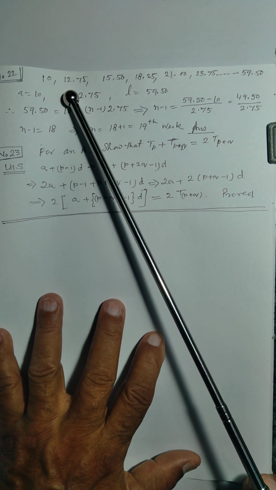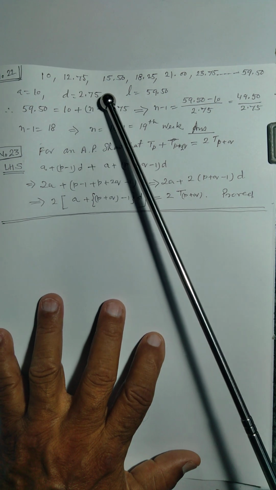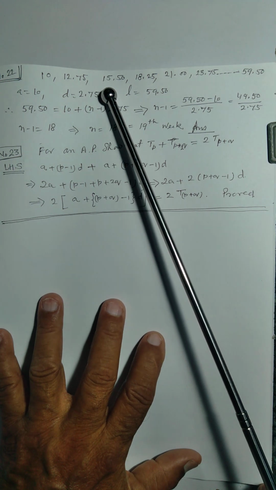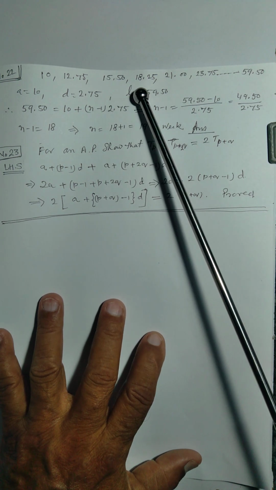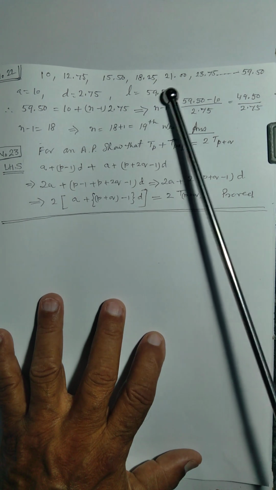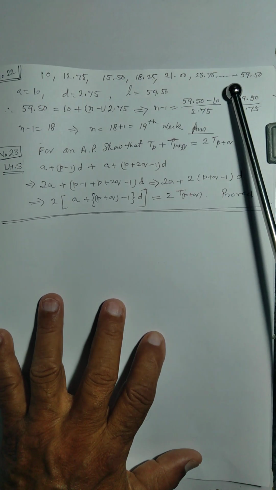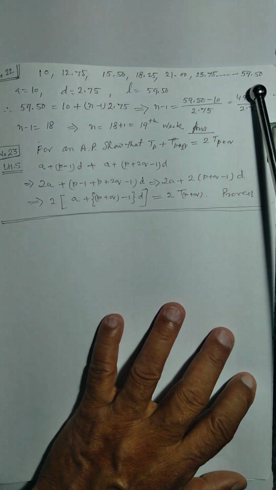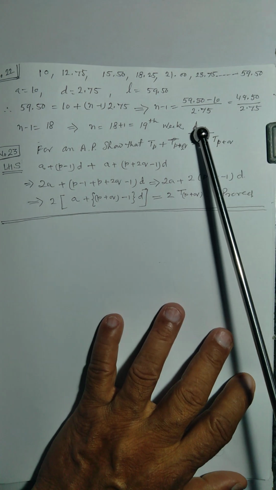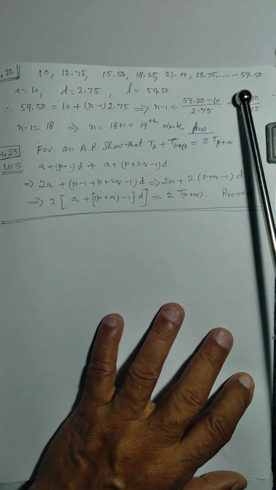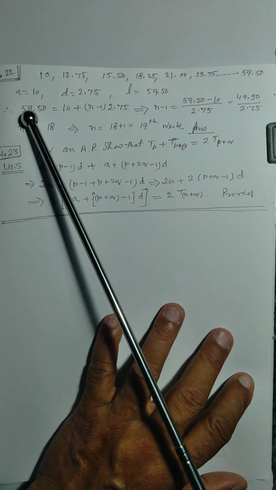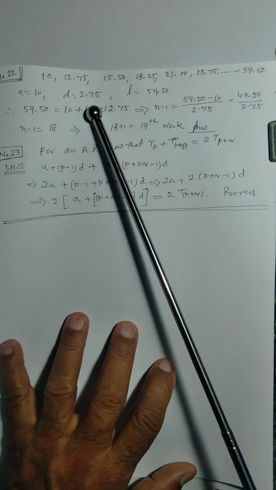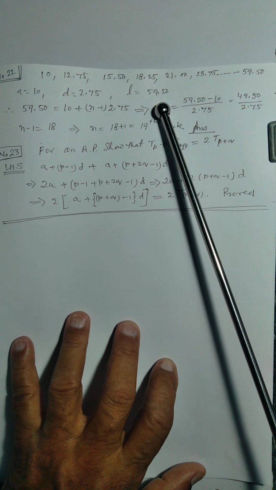In the second week he has saved ₹12.75. In the third week 15.50, then 18.25, 21.0, and so on. At the last he saved 59.50. So we have to tell the number of the week when he saves 59.50. So A is 10, D is 2.75, last term is 59.50.